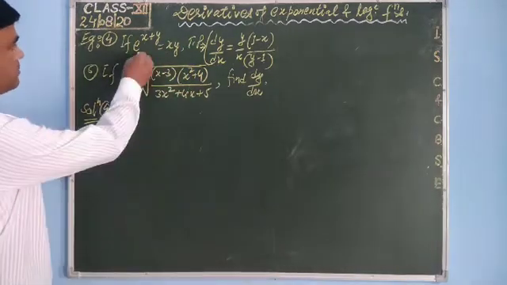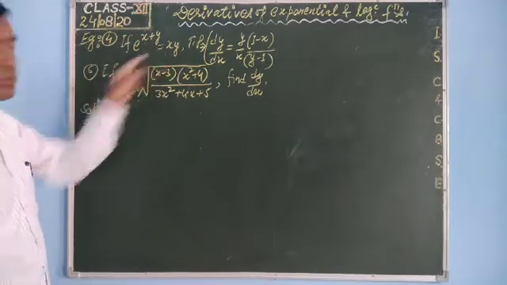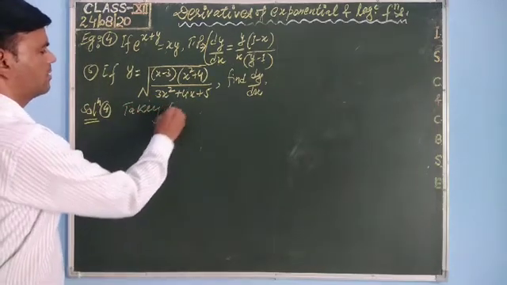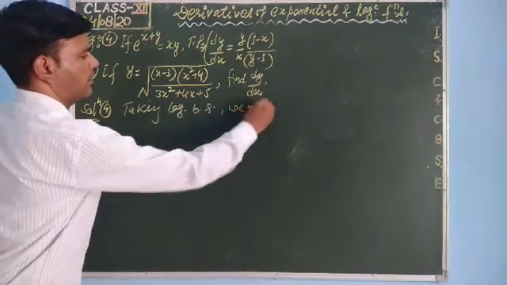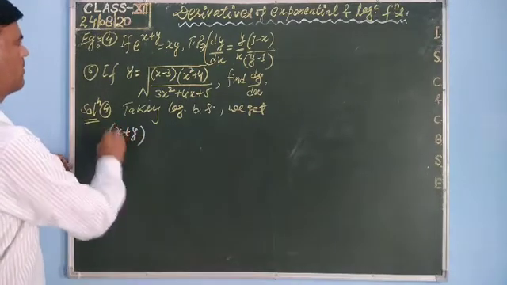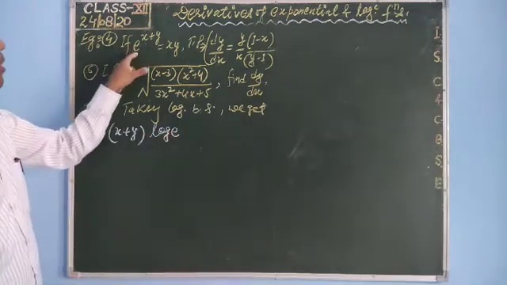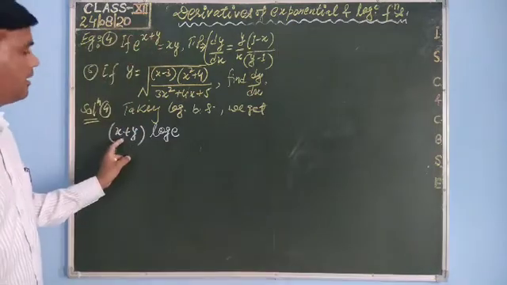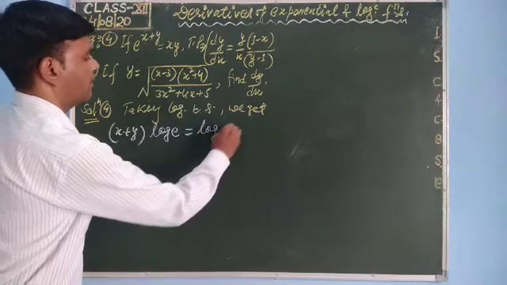First of all, since the exponent x plus y is given, we will take the log on both sides. Taking log both sides, we get (x plus y) into log e, because log of e to the power x plus y means x plus y comes ahead, equal to log xy.